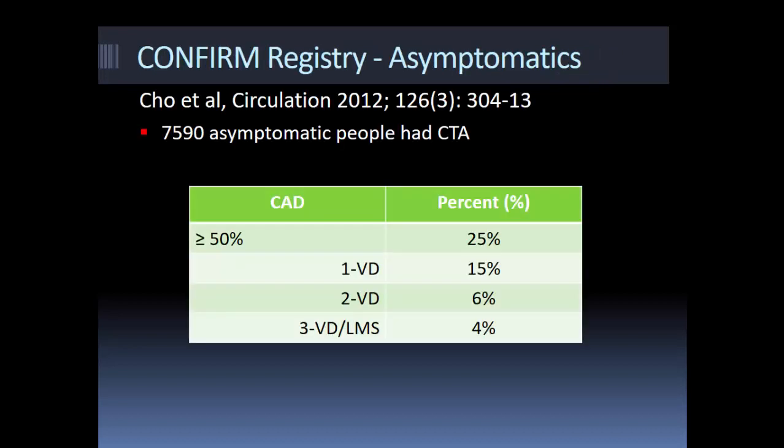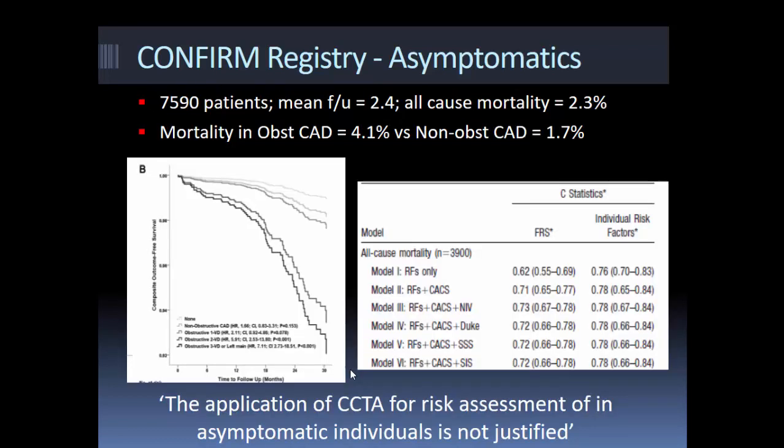Now this is data from the CONFIRM study of 7,500 patients who were free of symptoms, free of known coronary artery disease, and what they found was that the prevalence of more than 50% disease was about 25%, and 4% had three-vessel disease or left main stem disease. So that's similar prevalence to what I have in my data from Harefield in symptomatic patients, not very different.